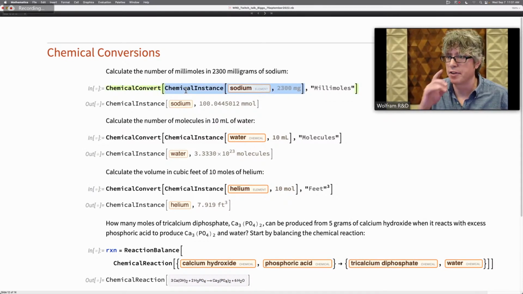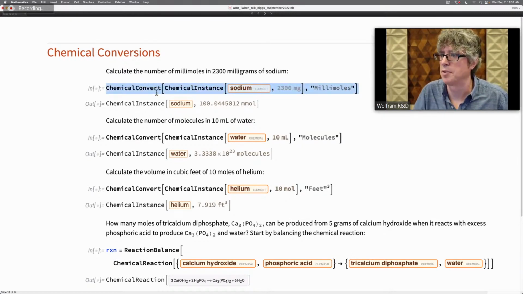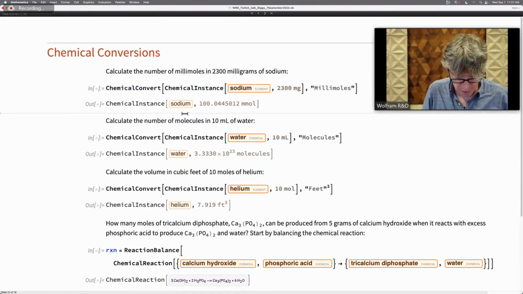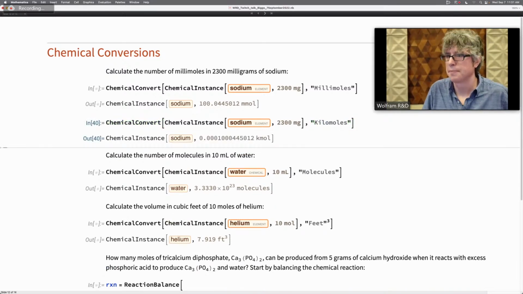So we have another symbolic representation, a chemical instance of, in this case, sodium, and we say how much of it we have. That's our first argument. And then we ask it to convert to millimoles. Obviously, we could have done the same thing and asked for kilomoles, right? Yep.